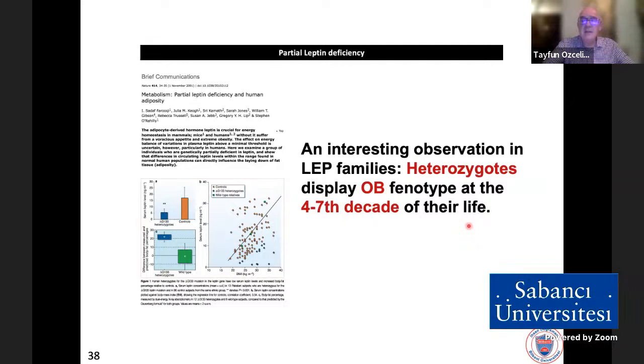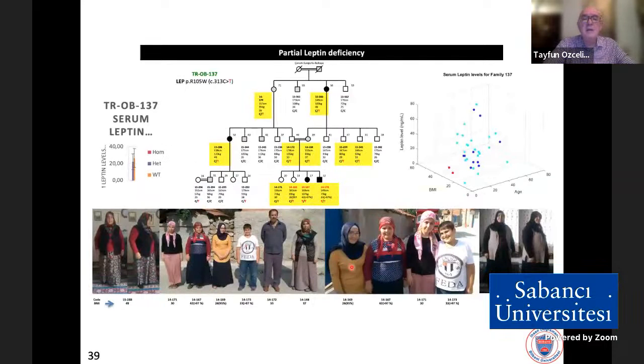This is exactly the same for obesity and leptin mutation carriers. Here we have one such family. This girl and this boy are the homozygotes, and these are the siblings. Look at their mother when she is nearly 40. She is 39 or 40 years old now, even more than 40 years old.